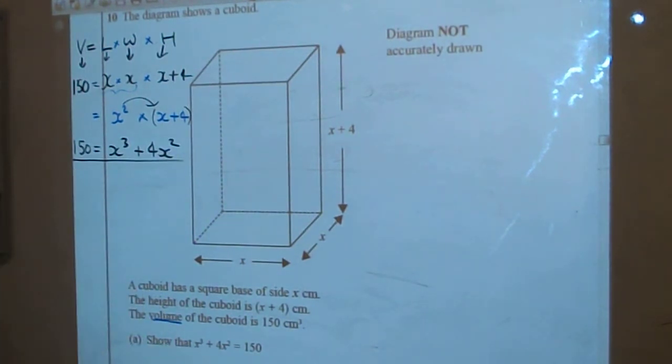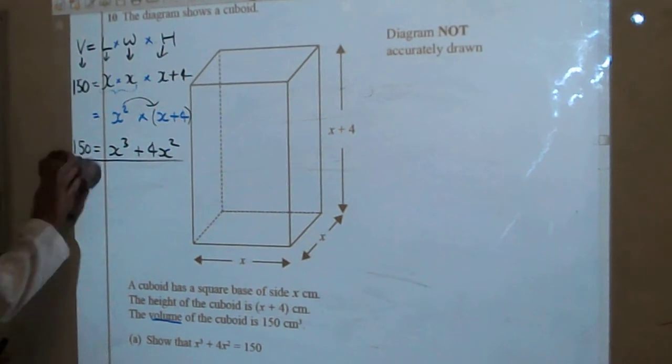Okay, next. Question B. Use a trial and improvement method to find this solution. Okay, they want to find a solution to that now. I'm going to get rid of this and move the question up so we can see the next part.